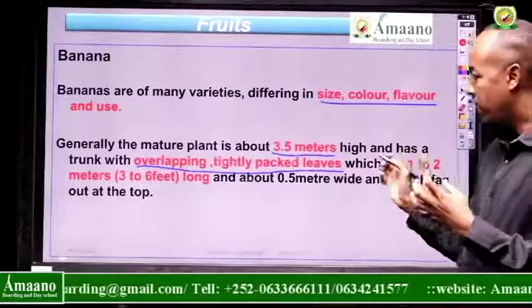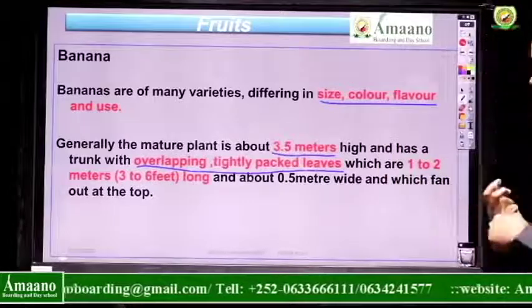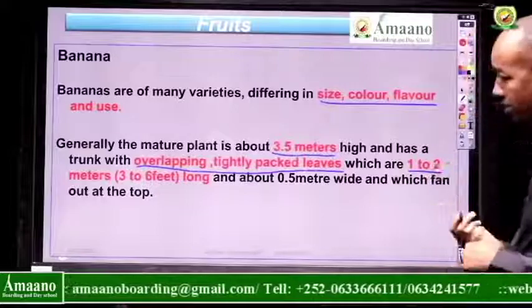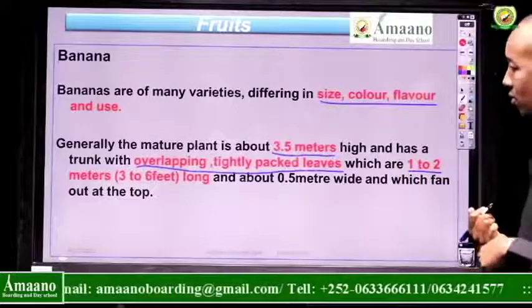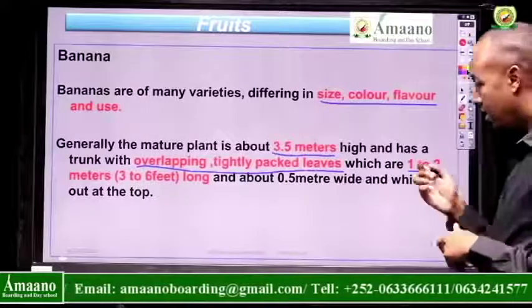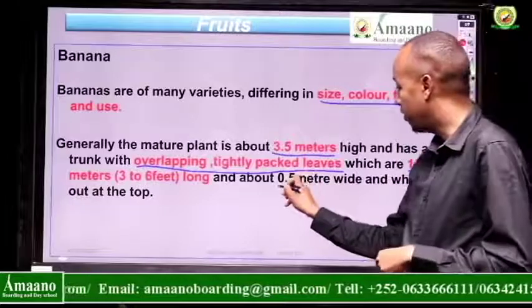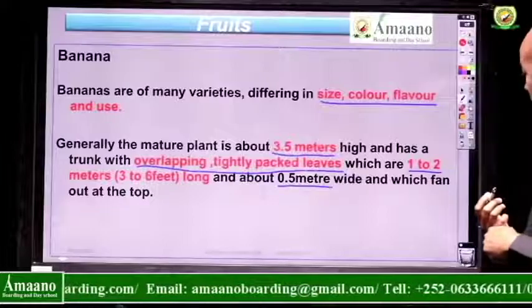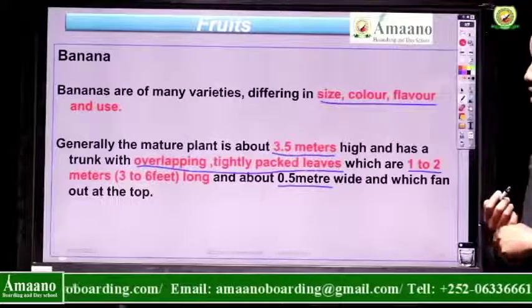Some leaves of the banana can be 1 to 2 meters, which is 3 to 6 feet long, and in terms of width they can reach up to 0.5 meter, which fan out at the top.